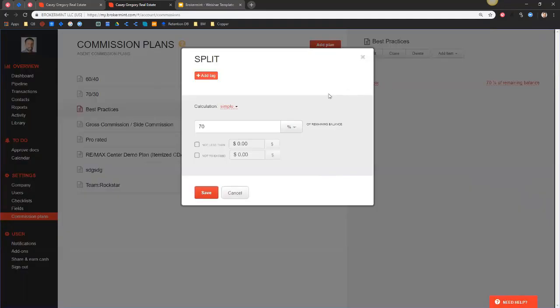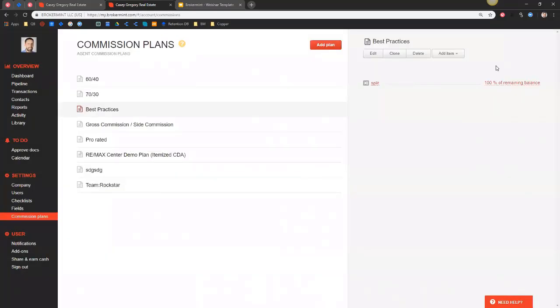This is very important to understand, especially for the teams we have using Brokerment, where you're a team within a brokerage. In a lot of scenarios, we aren't going to be defining a split between the agent and the brokerage. So a very common practice here is just to put 100% in the split. And what happens is we define those team splits as deductions.